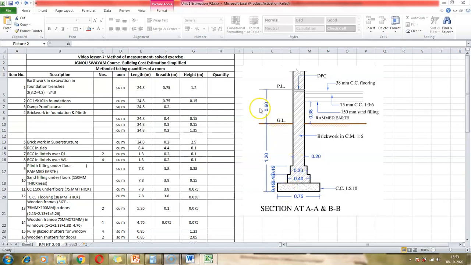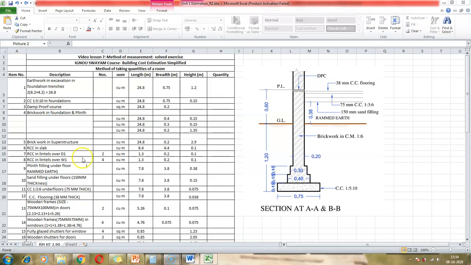We add 1.2 plus 0.6, which is 1.8, and then subtract 0.15 plus 0.15 plus 0.15, which means we are going to subtract 0.45 from 1.8. 1.8 minus 0.45 is 1.35. So we have found the dimension of the brickwork below the plinth level.